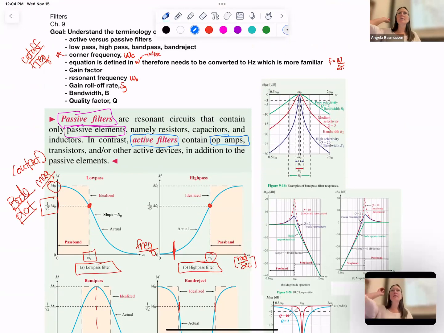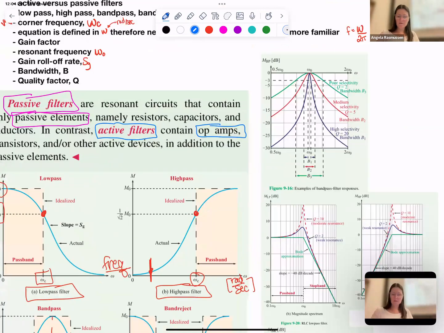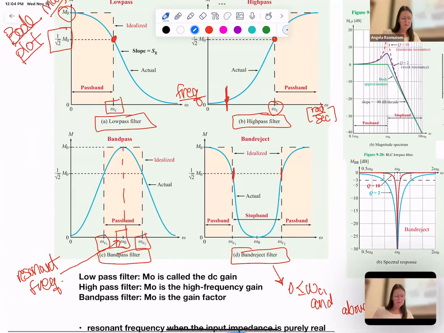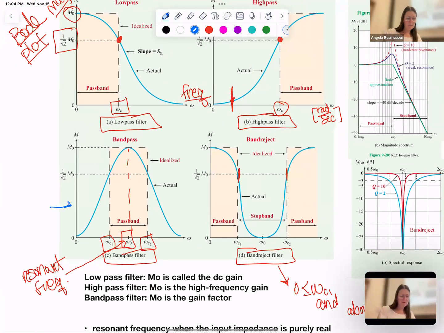Is it from omega? That's omega 1. Yeah, so you would say that the circuit operates between omega C1 and omega C2.